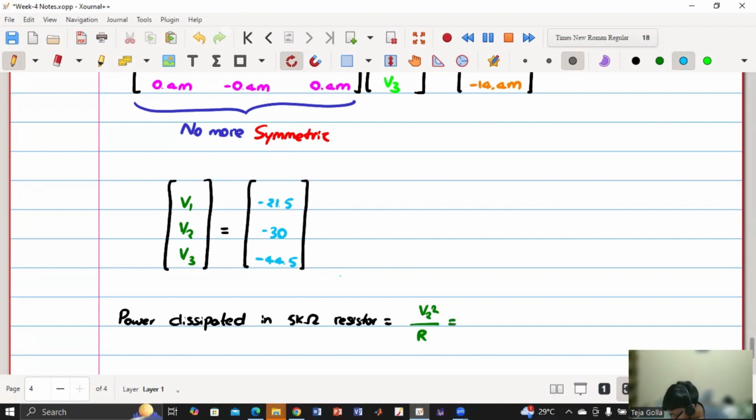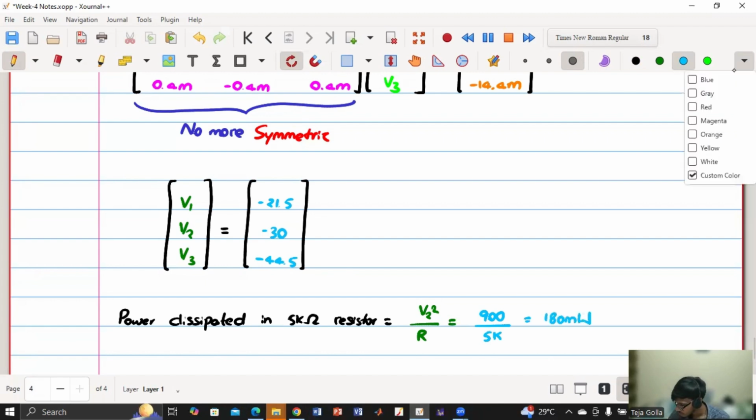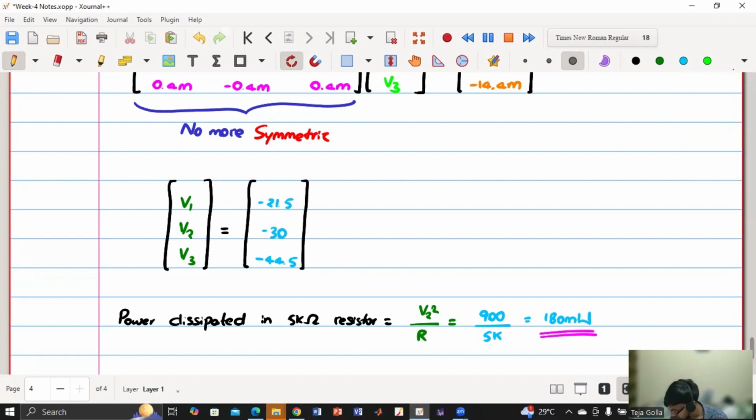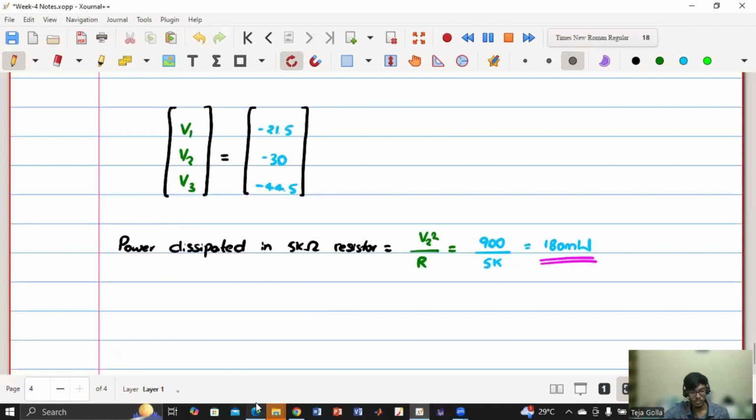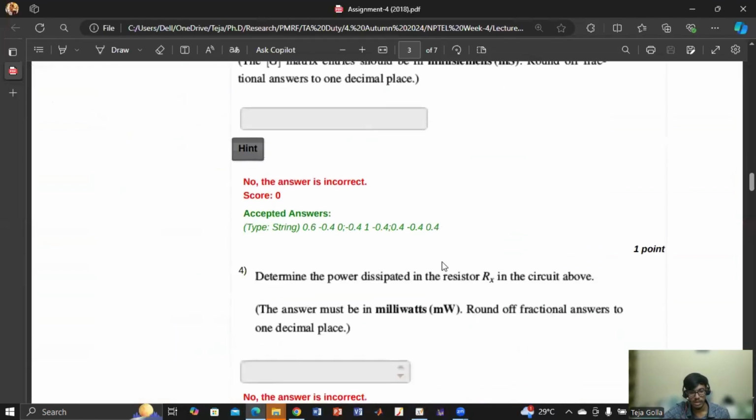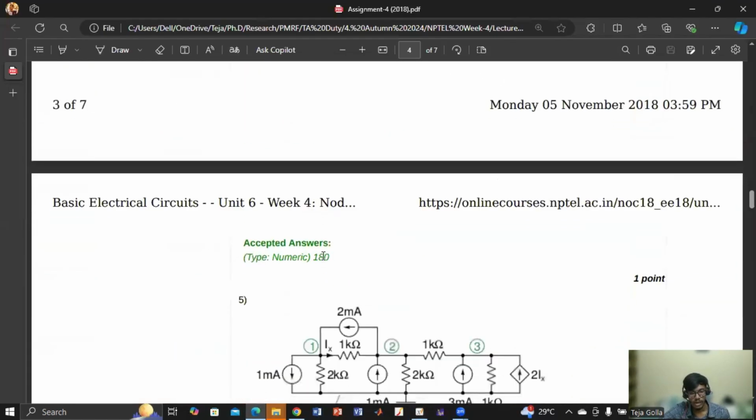So we'll get 900 by 5K, which is 180 milliwatt. So this is the final answer. That is the power dissipated in that resistor. So how much is the power dissipated? 180 milliwatt.